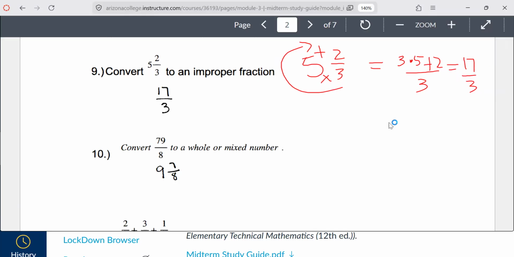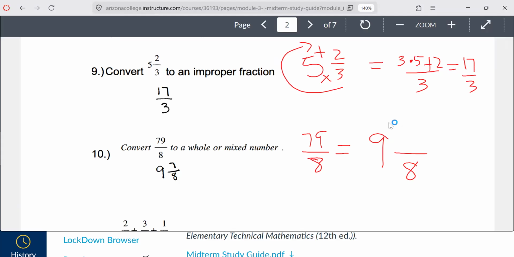For number 10, you've got 79 over 8, an improper fraction. So how many times will 8 divide into 79, which means we are looking at the whole number. 79 divided by 8, you are getting 9 as a whole number. So you put it here, and then the denominator will be the same.